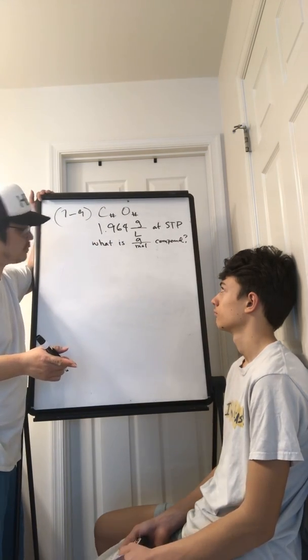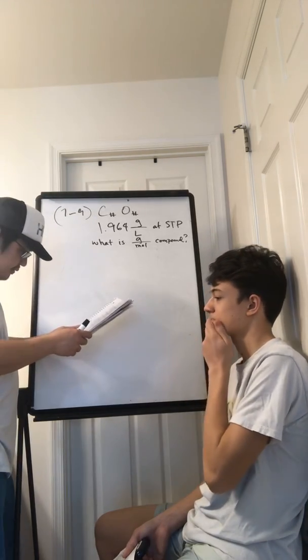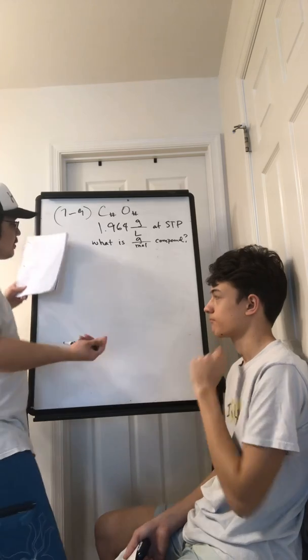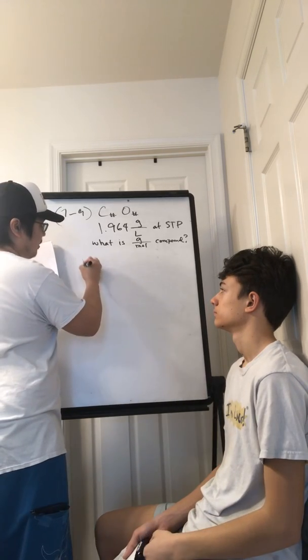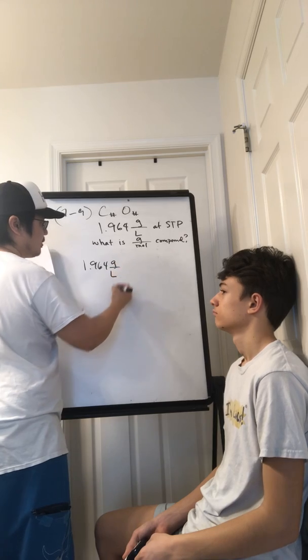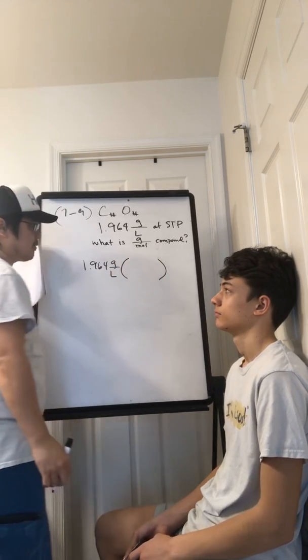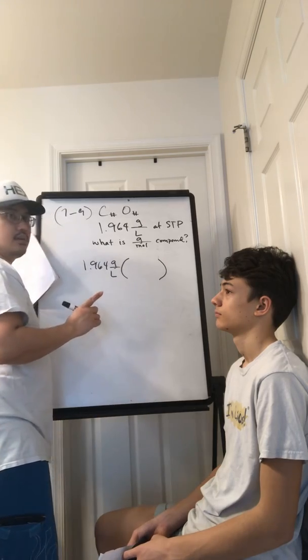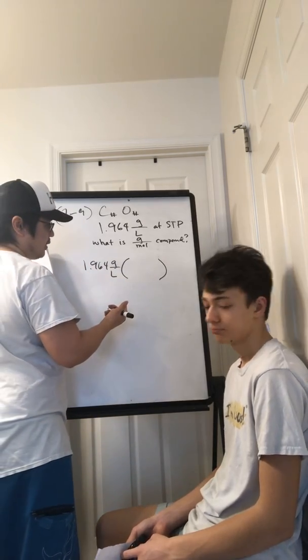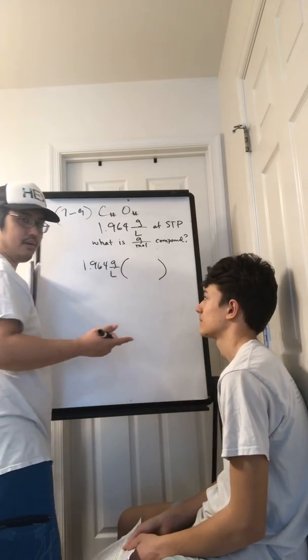So, how did I do this? Okay, here we go. I'm going to start off with 1.964 grams per liter. And what I want in the end is grams per mole. But I know a conversion, so I don't want liters in there at all.